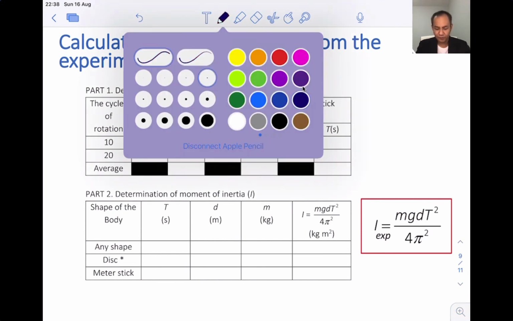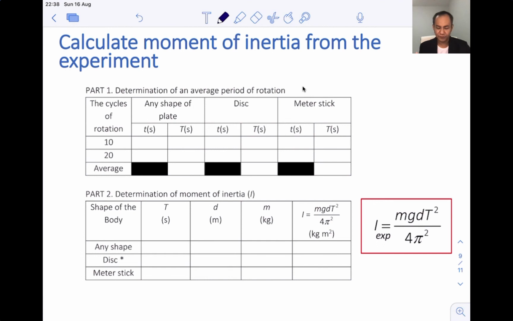For example, you count the cycles of rotation here for 10 rotations, maybe you get 18 point something, I don't know, and here maybe you get 89 point something, and then you determine T, the period of rotation, so T should be equal to time over 10 or time over 20, depending on which space you want to fill.